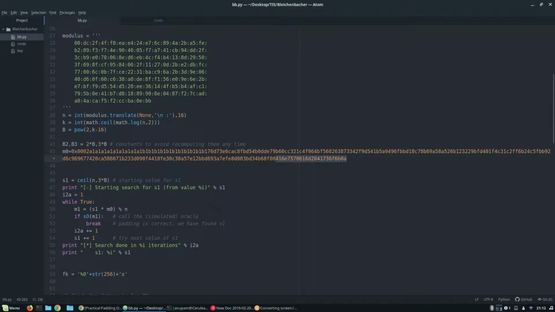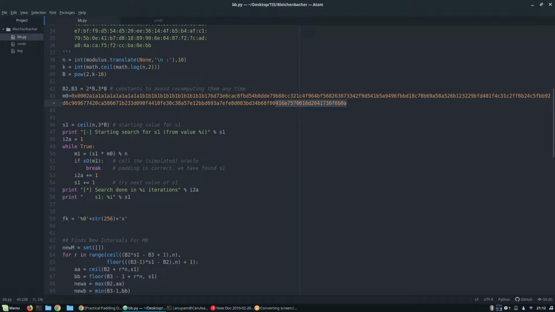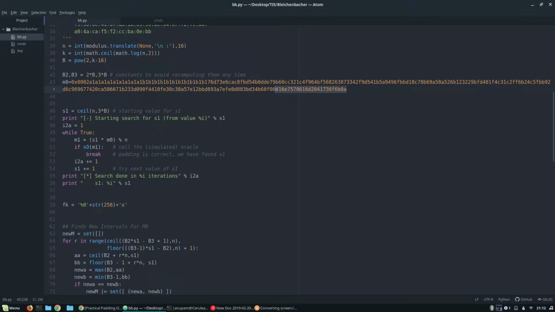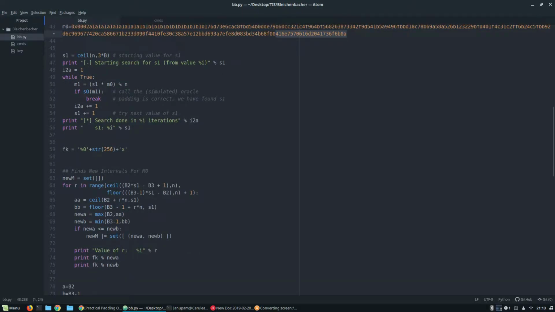At the end we are going to check whether this particular set of characters is in fact our message itself. As we discussed in the mathematics, we substitute those values into the limits, and we find the various intervals of m0 by using the exact fractions that we discussed before.